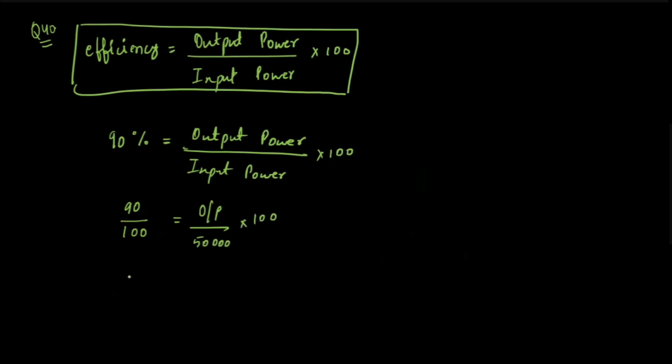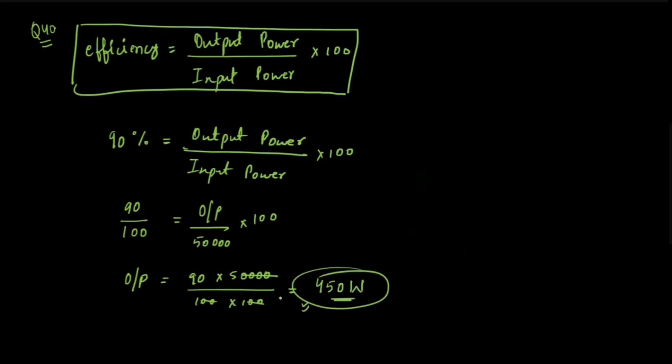If we solve it, we'll get output power as 90 into 50,000 over 100 into 100.